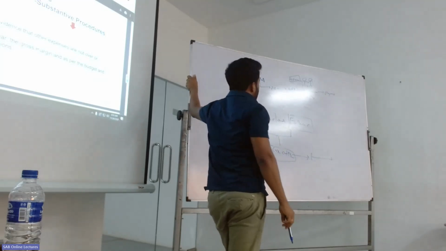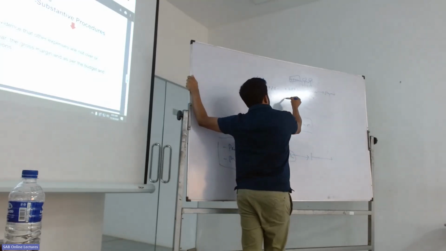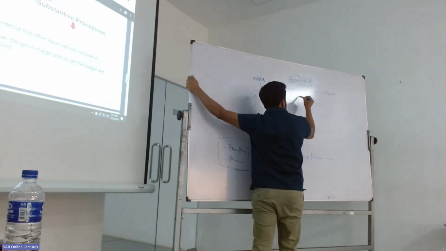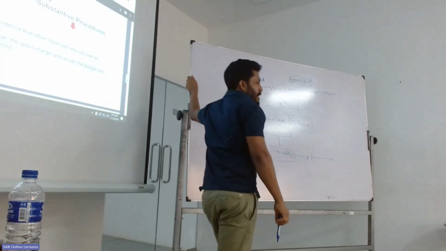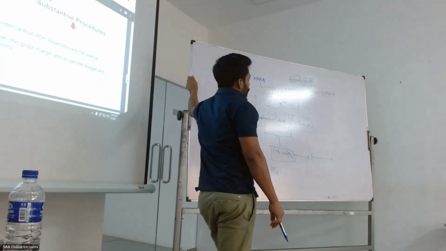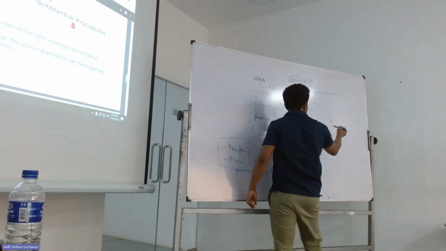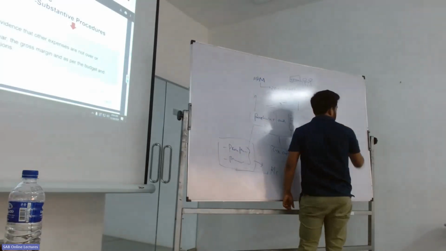What you have to do is select a sample for the accounting period of 12 months, representing the 12 months, and test the controls over this list of controls. And then after that, you can come to the substantive procedures.